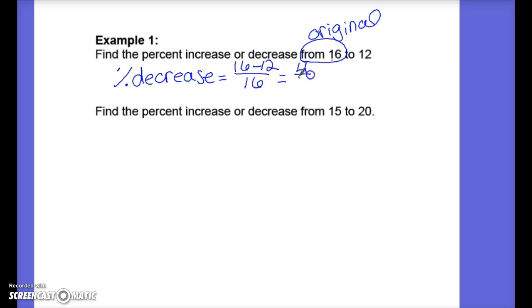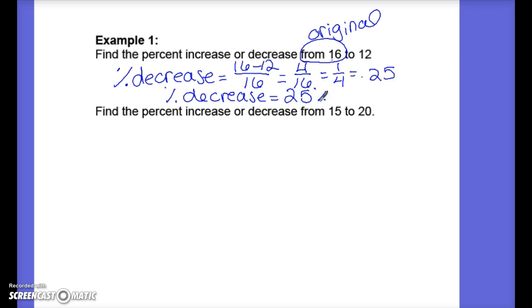So you get 4 over 16, which is 1/4, which is 0.25. So you have to make it a percent though. Your percent decrease equals 0.25 multiplied by 100, so 25%. Or you could say a 25% decrease.